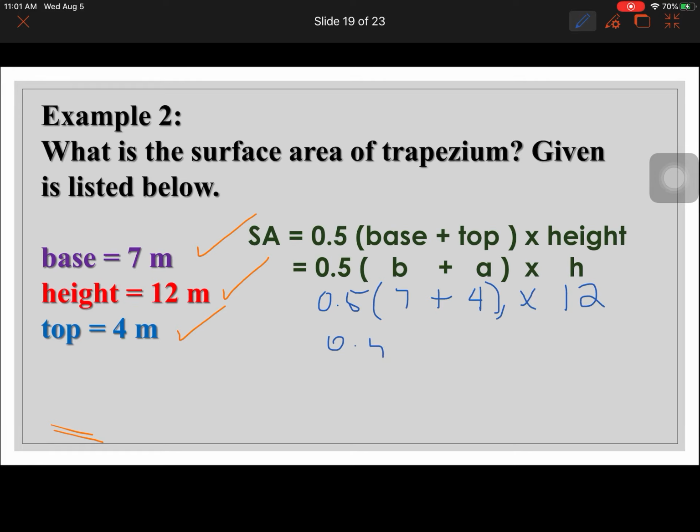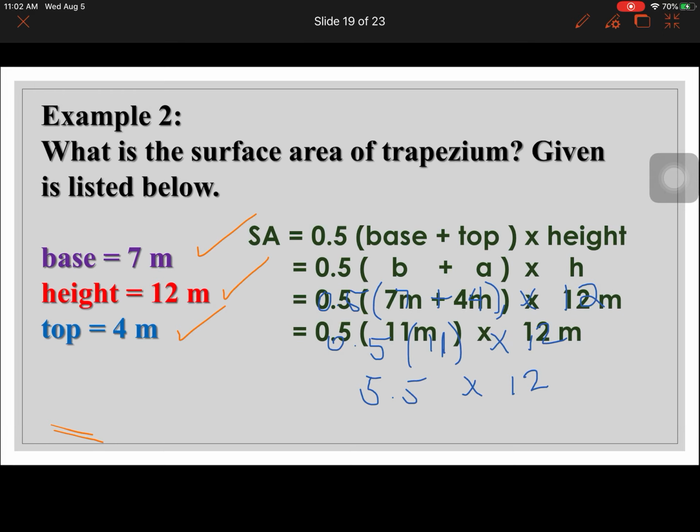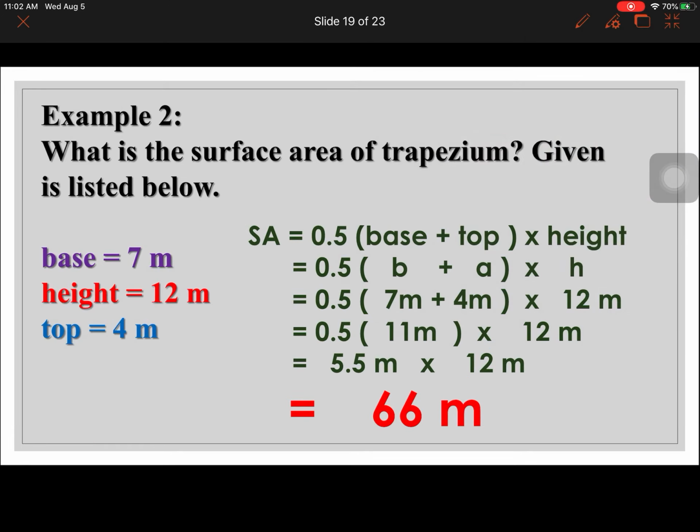So, 0.5 times 4 plus 7 is equal to 11 times 12. So, 0.5 times 11 is 5.5 times 12. Ang sagot ay 66 meters. Yan po yung pinakasagot.